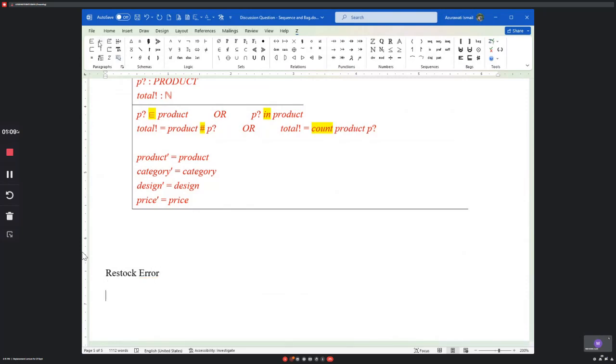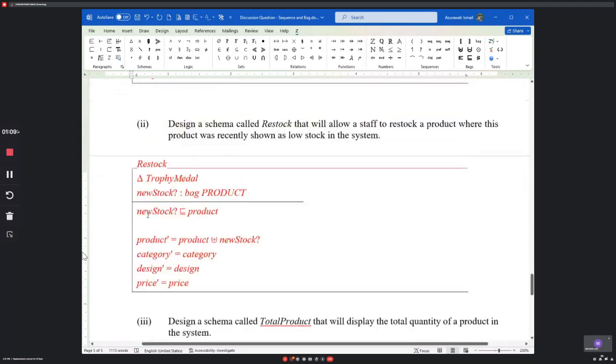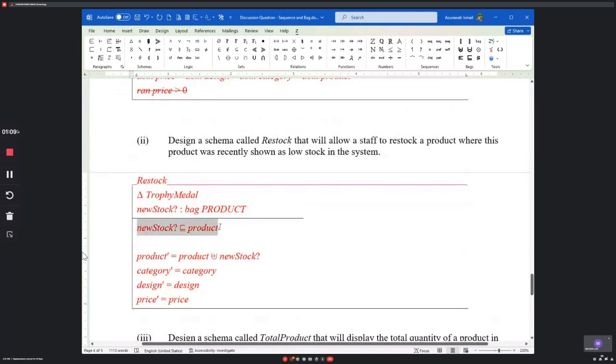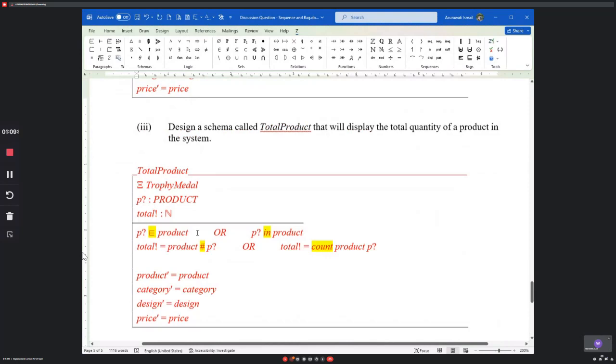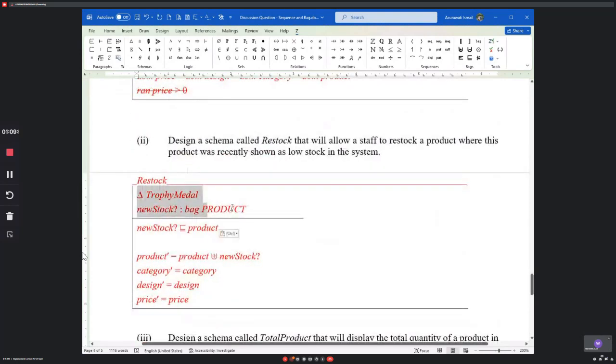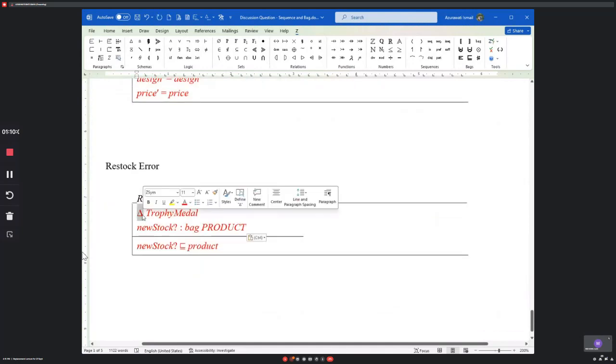Then you have this one as your input, and then this is your variable declaration.